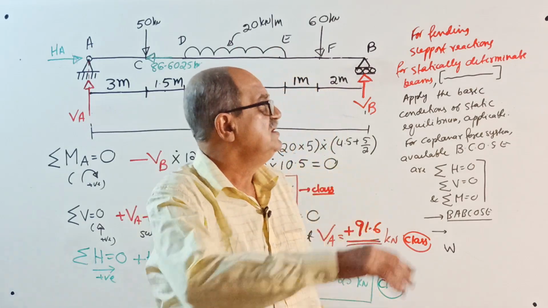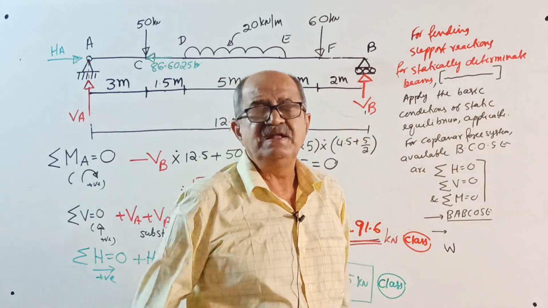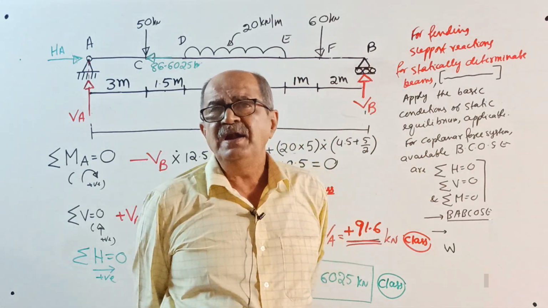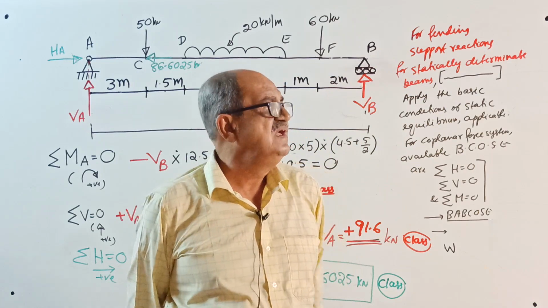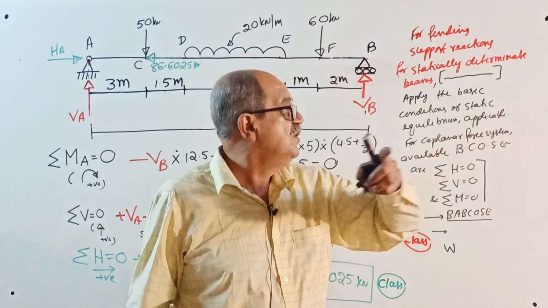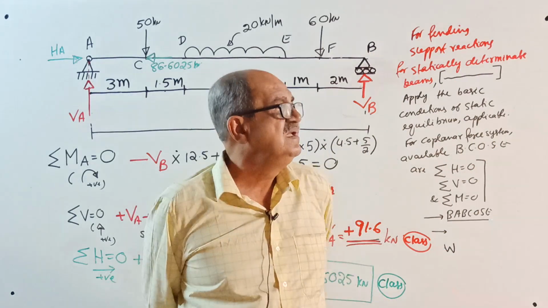Horizontal reaction, you can consider to right side or left side. Reacting moment, either clockwise or anti-clockwise. What direction you consider for reaction has no effect on the final answer. Finally, the answer will come with the correct direction.